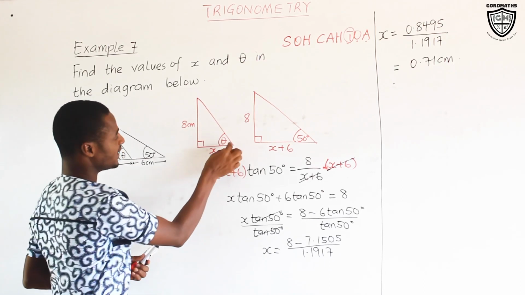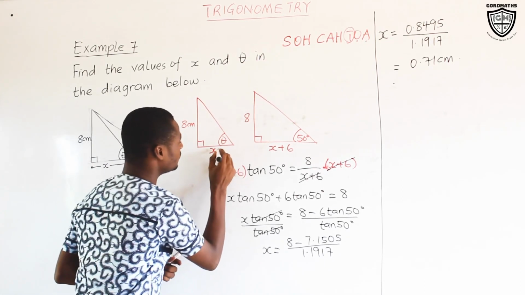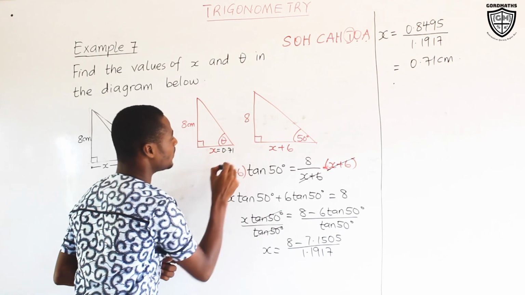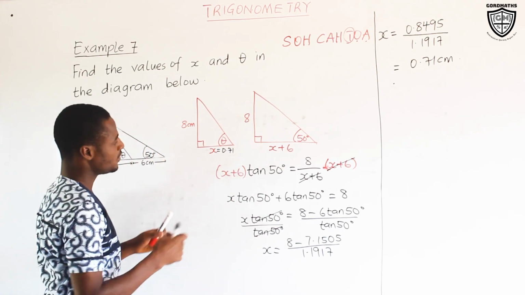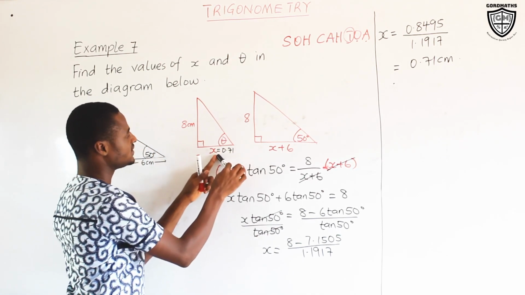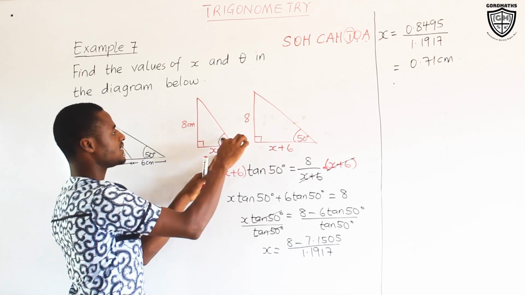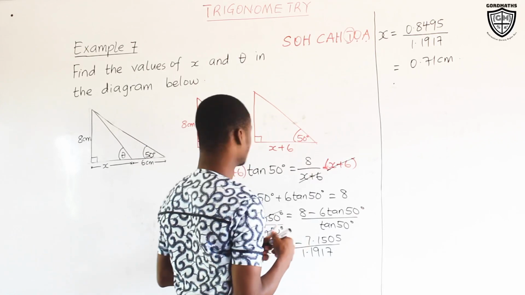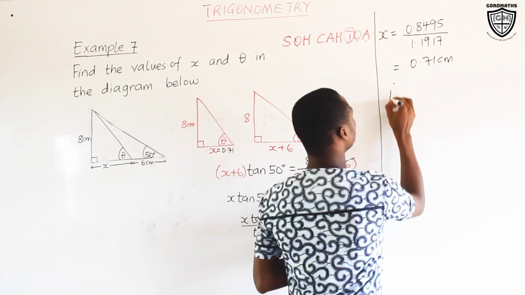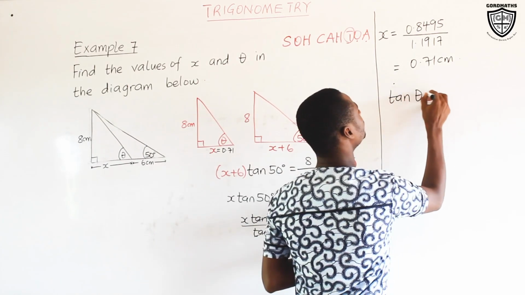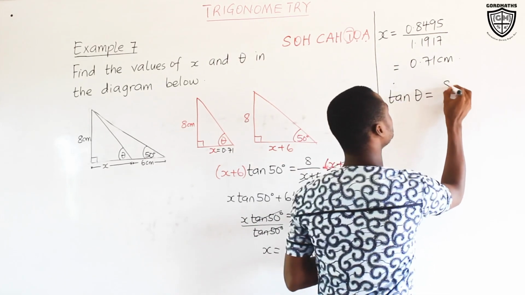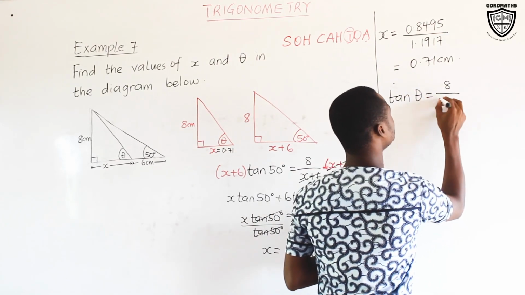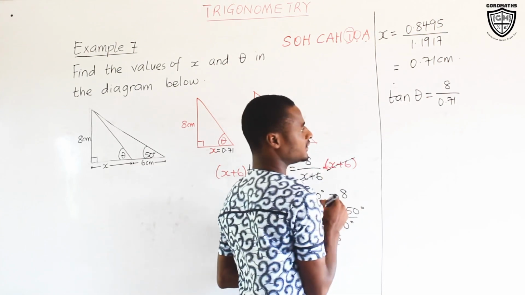Then in finding the angle theta, since we now know that x is 0.71 centimeters, where x is adjacent to theta and then 8 centimeters is opposite, we have opposite adjacent, and so we use tan theta. So tan theta will be equal to, the opposite is 8 and the adjacent is 0.71.